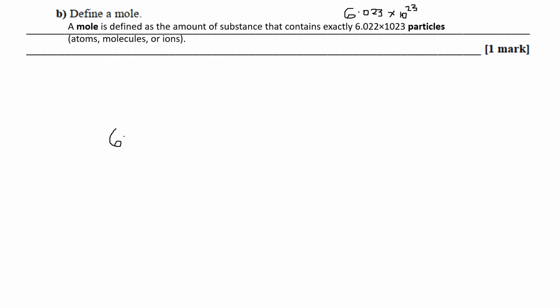6.023 times 10 to the power 23 means 6. What it means, I'm doing this for my friends who may not have understood the meaning of this number. 6.023 times 10 to the power 23.